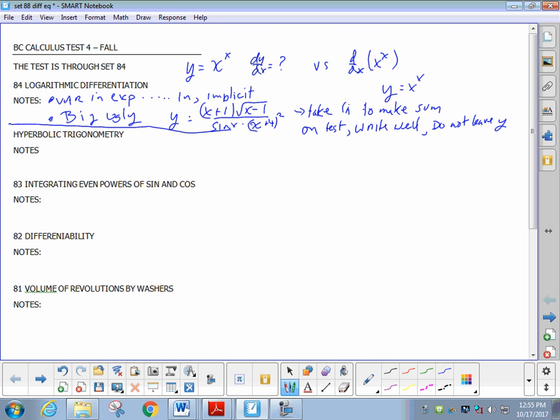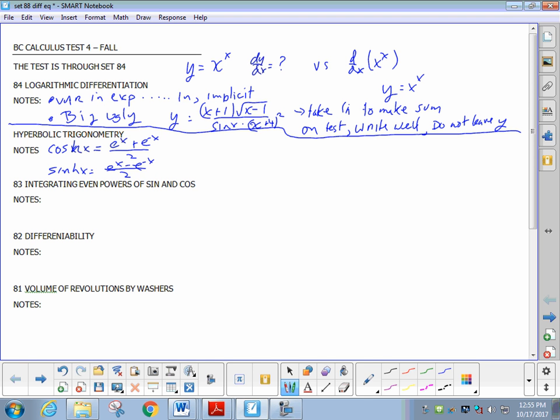Hyperbolic, I will expect just a basic level of familiarity. I want you to know the definitions of cosh and sinh exponentially. Cosh is plus, sinh is minus. Subtraction, negative. Okay?